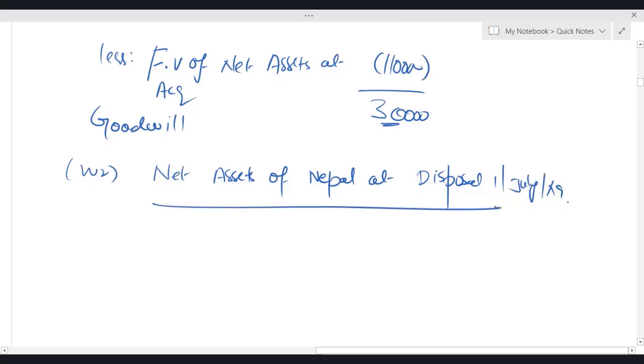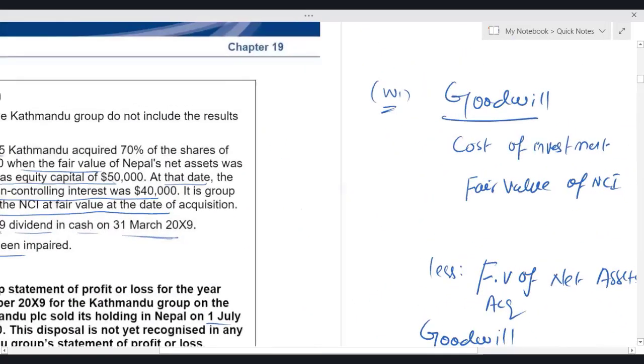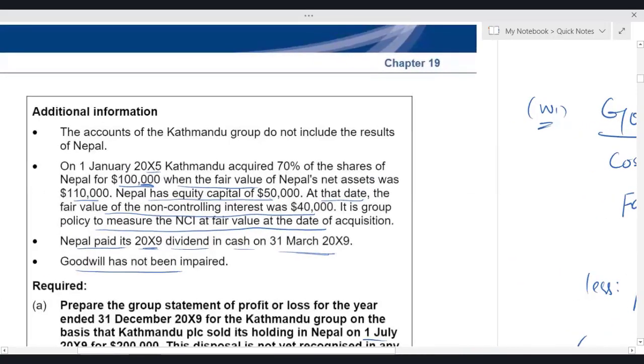Mid of the year. First of all, take the share capital, and we know that share capital does not change. So at acquisition, the share capital was 50. At acquisition, fair value of net assets, they also have given us.